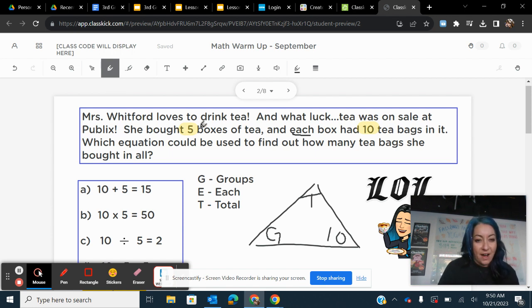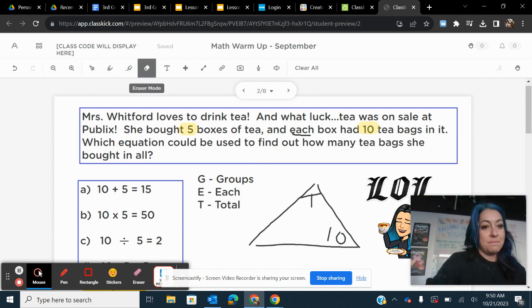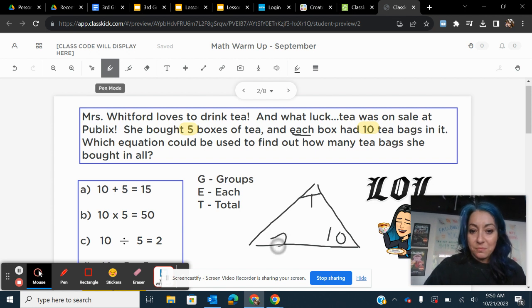And then I bought 5 boxes of tea, which would be 5 groups. Which equation could be used to find how many tea bags she bought in all? It looks like I'm trying to figure out the total.